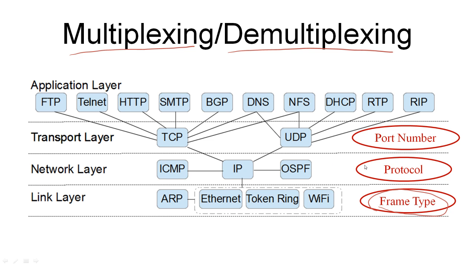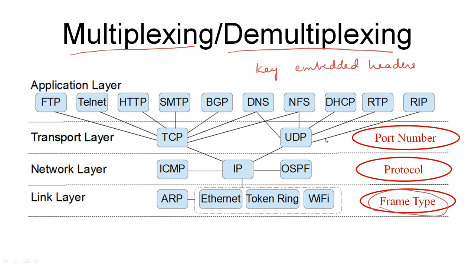Similarly, the network layer header will have a field called protocol, which specifies whether that message has to be passed to the TCP protocol or the UDP protocol. Similarly, the transport layer header will have a field called the port number, which specifies to which of the application processes this message has to be passed on. So this multiplexing, demultiplexing key is embedded in the headers to facilitate passing the message to the right process or protocol.